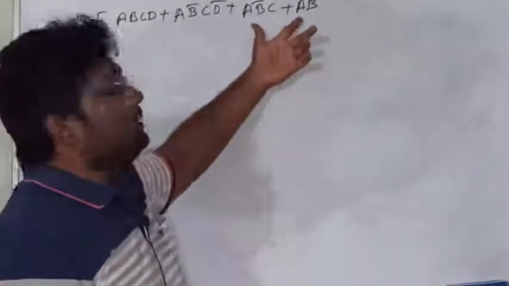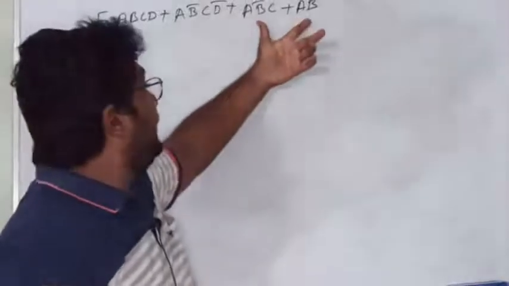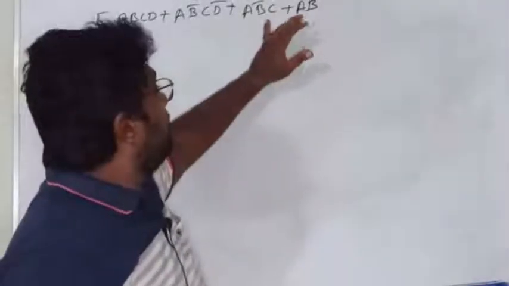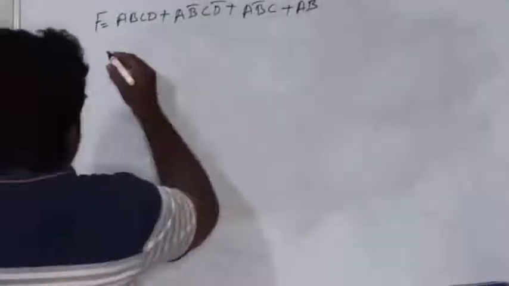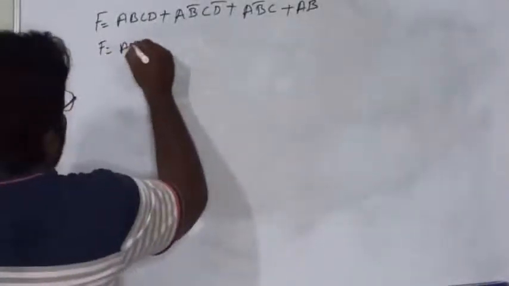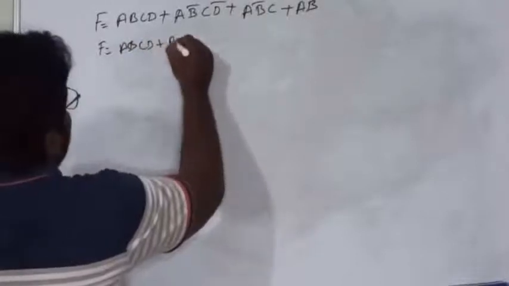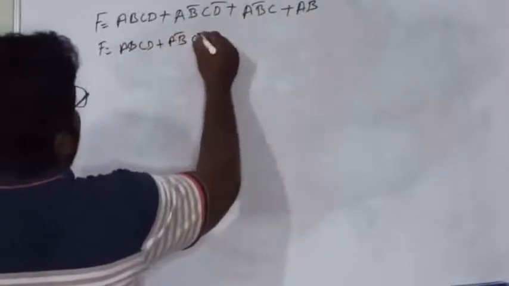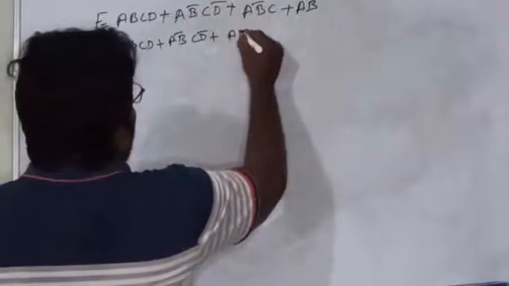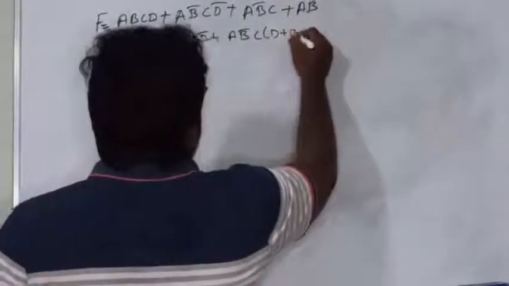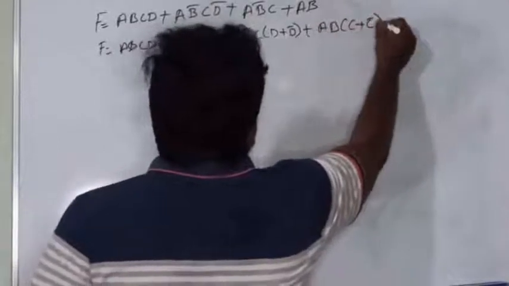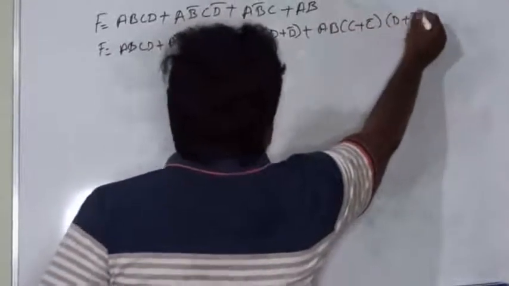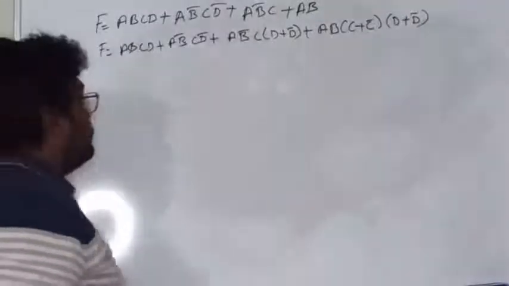Before that, here in these two terms we will be having only 3 and 2 variables, right? So to get the perfect values we need to apply the Boolean laws. So f is equals to ABCD plus A B complement C D complement plus A B complement C into D plus D complement plus AB into C plus C complement and D plus D complement, right?